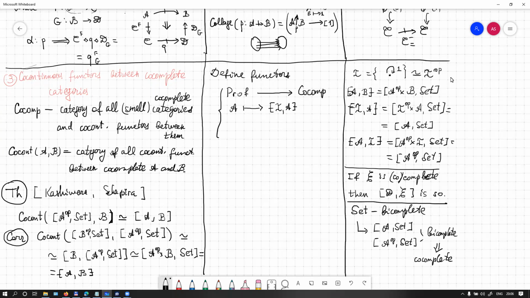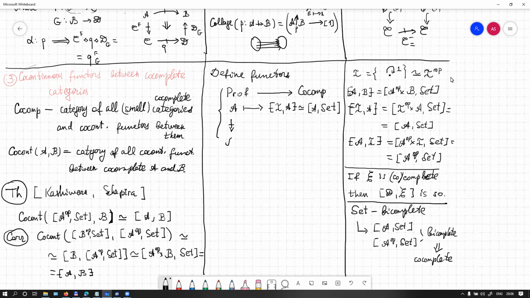Now returning to our functor. From A, I am going to the profunctor category from trivial to A, which is isomorphic to the category of so-called co-presheaves. So presheaves are from A op to set and co-presheaves from A to set.